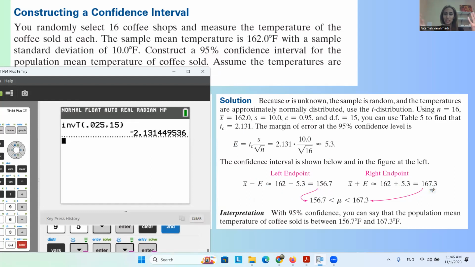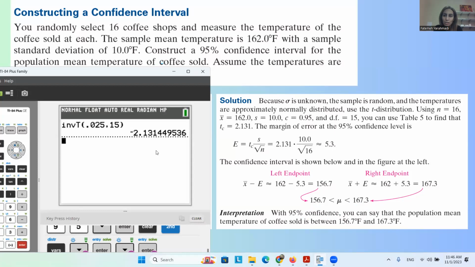What is the interpretation? With 95% confidence, we can say that this population average temperature, or mu, is bounded between these two numbers, is always within these two numbers, 156.7 degrees and 167.3 degrees.